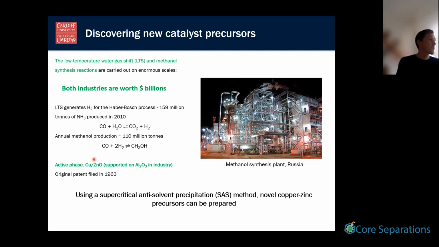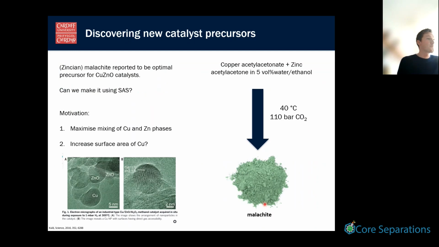And so these copper zinc oxide catalysts have been known about for quite some time. But despite this, we've still had interest in developing them and understanding them. So one project, and this one I think was sponsored by Johnson Matthey, who are big players in the catalysis production industry. They make many commercial catalysts all around the world for different processes.